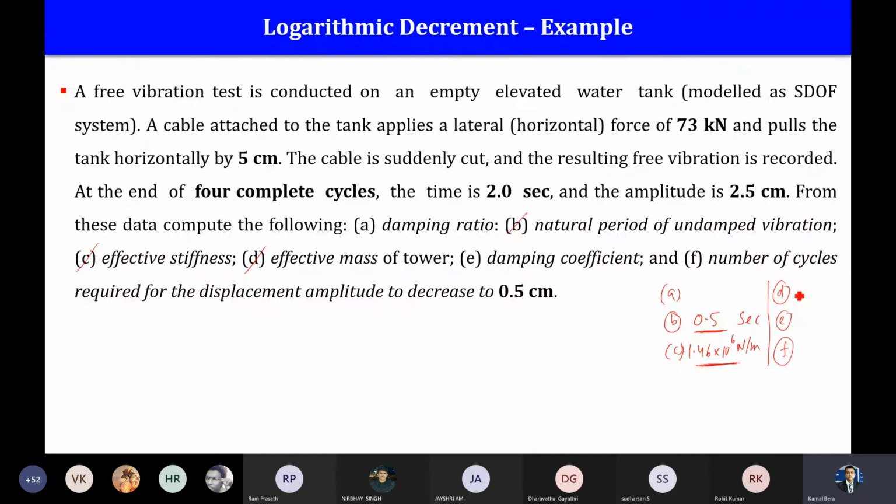Yeah, tell me, what is the effective mass? Anybody else? Okay, what is the damping ratio you are able to obtain? Damping ratio?